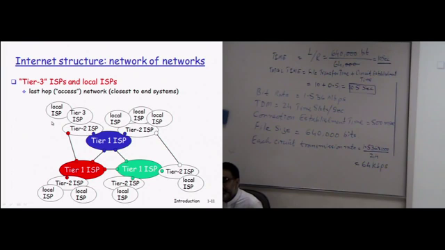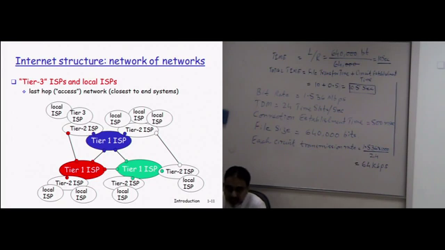Do you have an example of tier 2, tier 3? Yeah, you can say tier 1 here in Saudi is STC. Tier 2 you could say is Mobily, because they are getting the service from the national carrier. Who is the national carrier? STC.